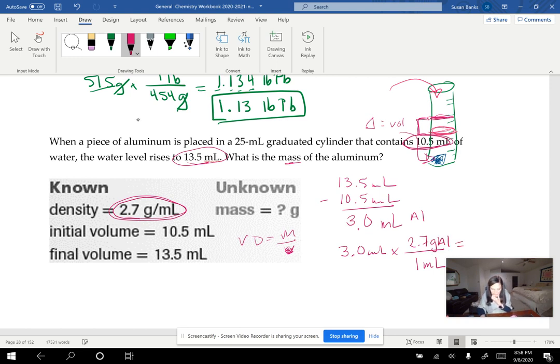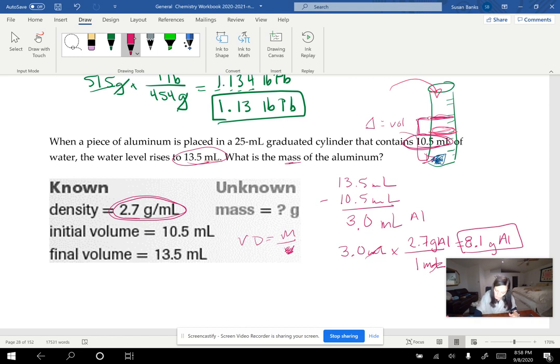So 3.0 times 2.7, because my mils cancel, this will give me grams. 3 times 2.7 gives me 8.1 grams of aluminum. That is about how much that chunk of aluminum should weigh.